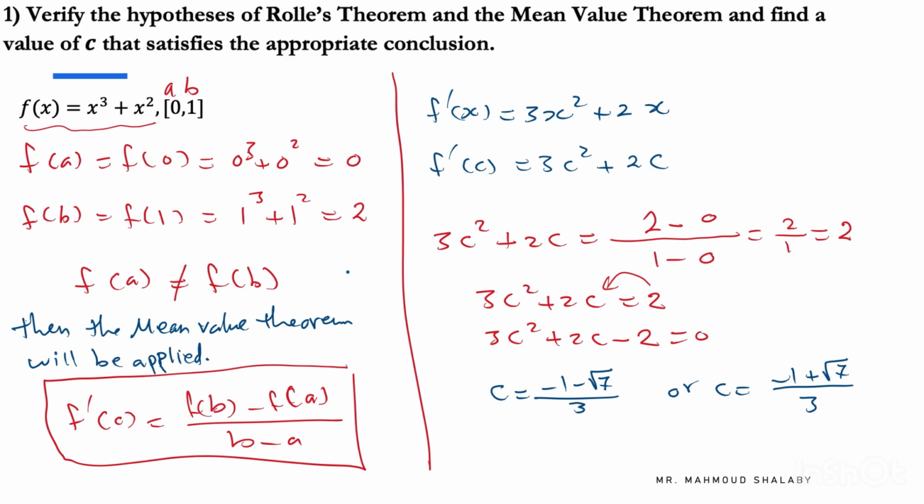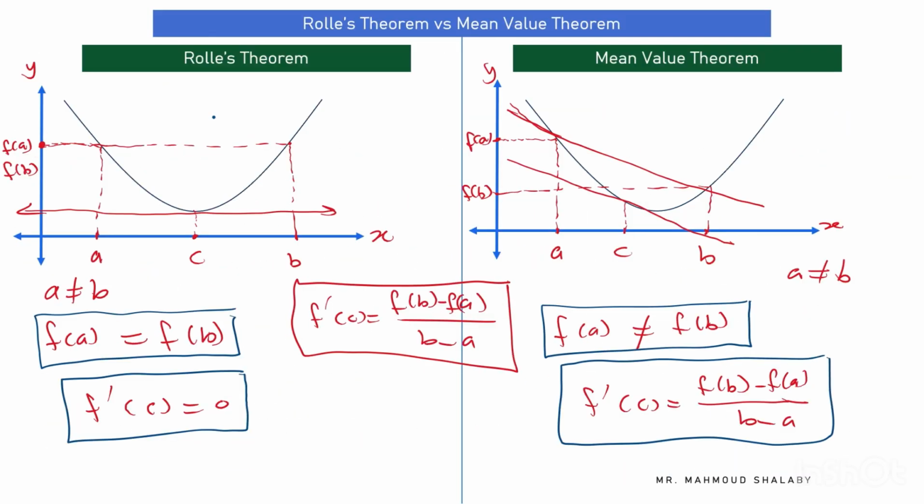Now, actually, there is a last step I haven't mentioned before: when you find the answers, you have to check if the solution is within the interval. Remember, from the first time we said c must be located between a and b, as the given interval. C must be between a and b.